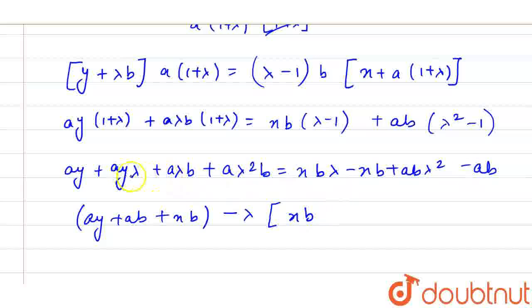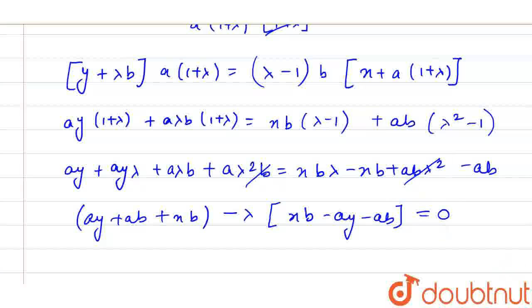Similarly, this value will become minus ay and minus ab. If we take minus lambda common, so ay and minus ab, and this ab lambda square cancels out with this ab lambda square, so we are left with that also equal to 0.